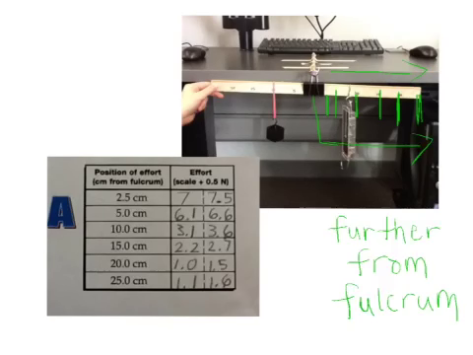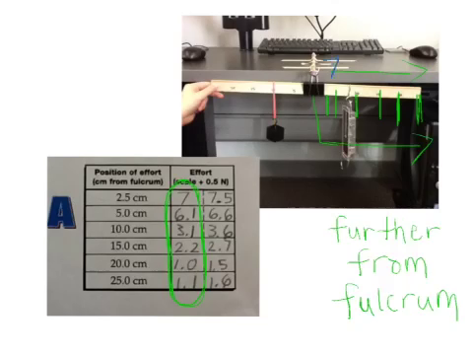As we lifted the load, we recorded the amount of force. The force is recorded in newtons. I can see that when it was at 2.5 centimeters, it was 7 newtons.